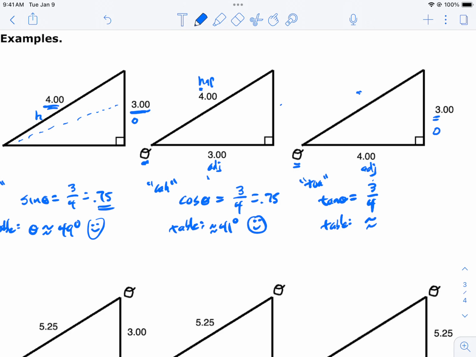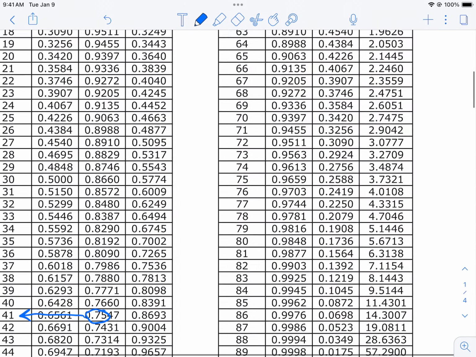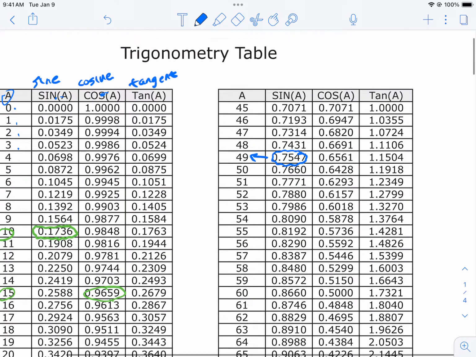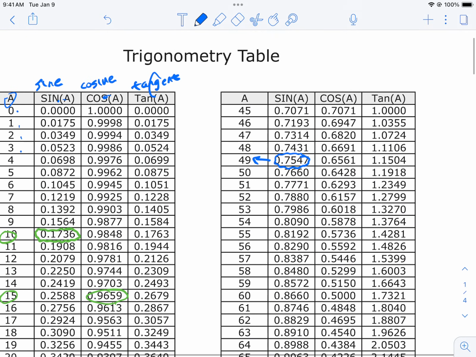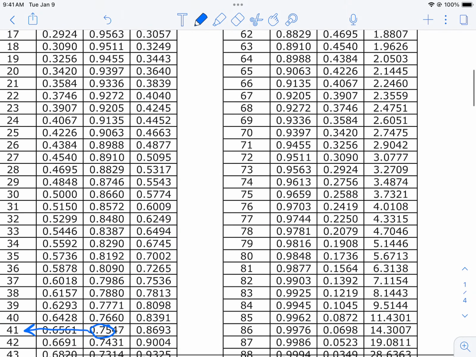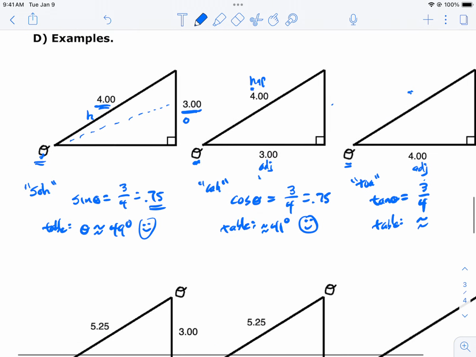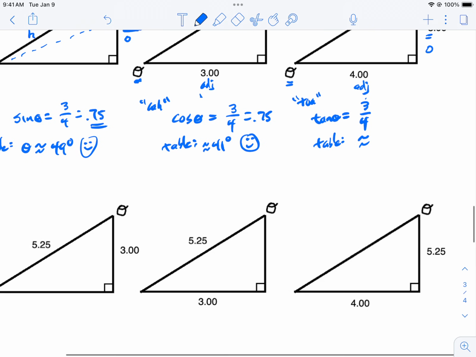We're going to get approximately, it hardly ever comes out exact, but looking in the table one more time, the tangent column is the third column, the last column. Looking for 0.75, I'm scrolling down. Looks like we got there early. Right about there someplace. It looks like it's just about a 37 degree angle. And that's about 37 degrees. And we're so happy.